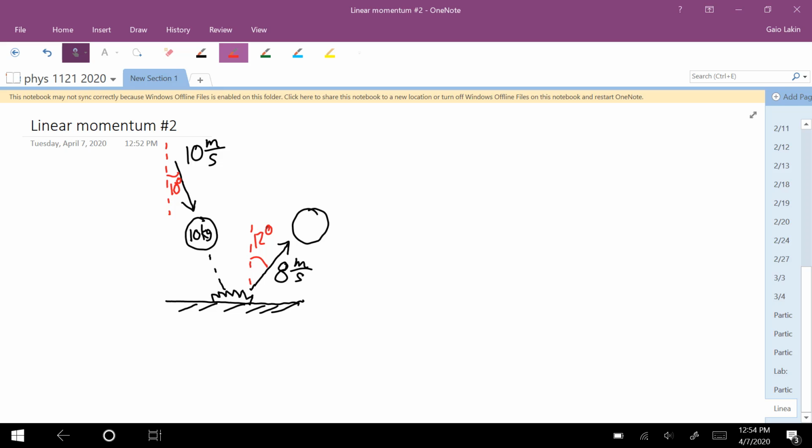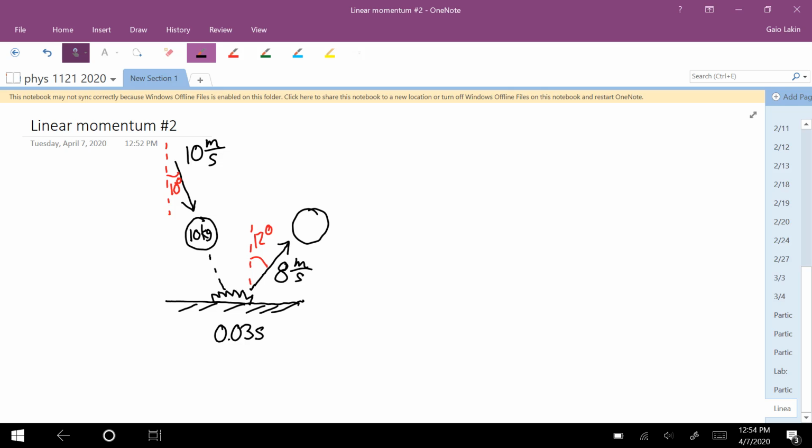So that's what's going on. The length of the collision is 0.03 seconds, and we want to figure out the average net force and then the average contact force.